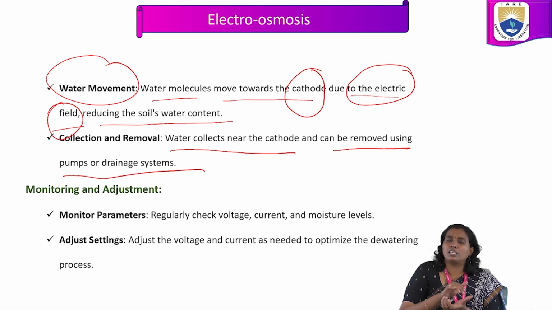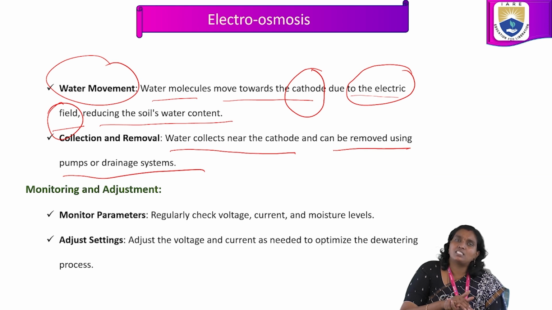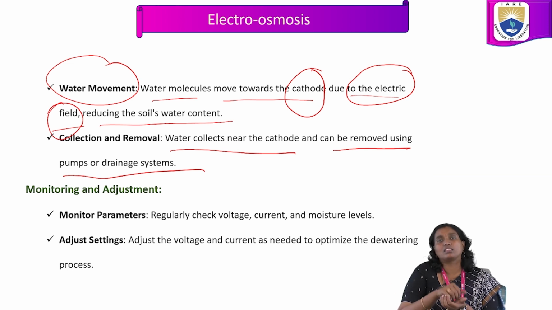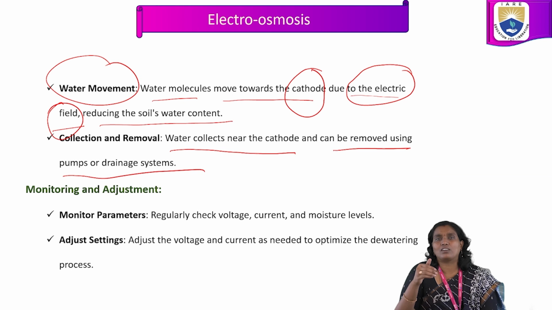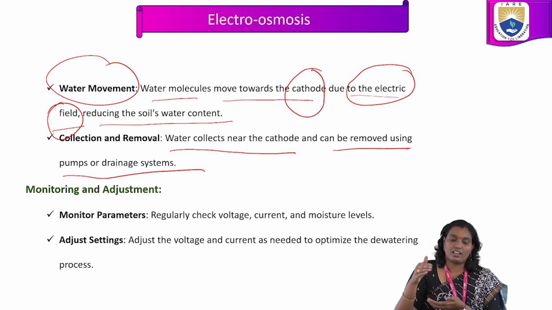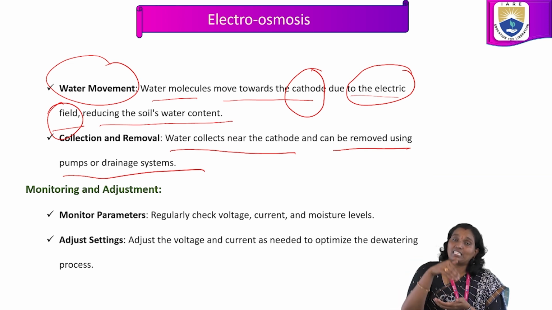Which is adaptable for this electro-osmosis process depends upon the site condition of the required project and how the construction site allows the collected water to go. So these are all the parameters which we are going to understand in our collection process as a part of this electro-osmosis.